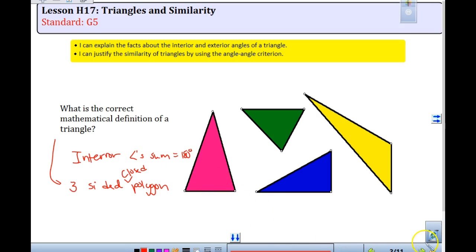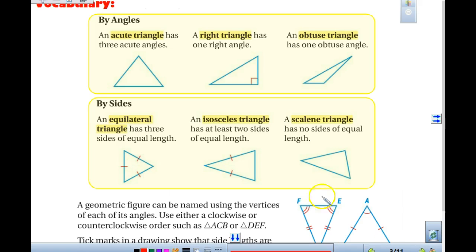And we're going to talk about some other characteristics as we look at this. So when we look at going down in that next part of your notes, we have different types of triangles by angles. So tonight in your homework, I am going to be asking you to identify the triangle by its angle. If you are looking at identifying it by its angle, an acute triangle has three acute angles.